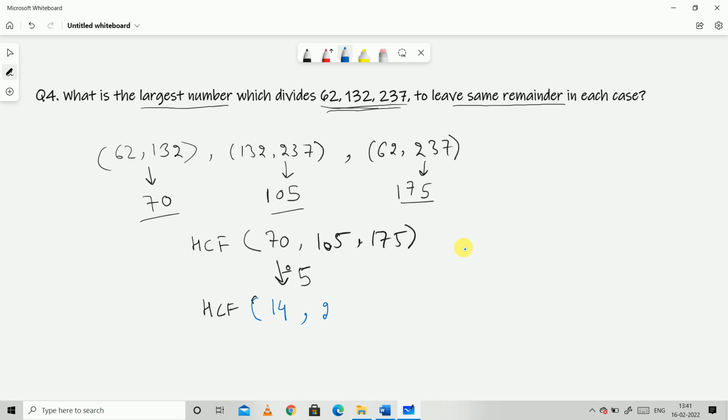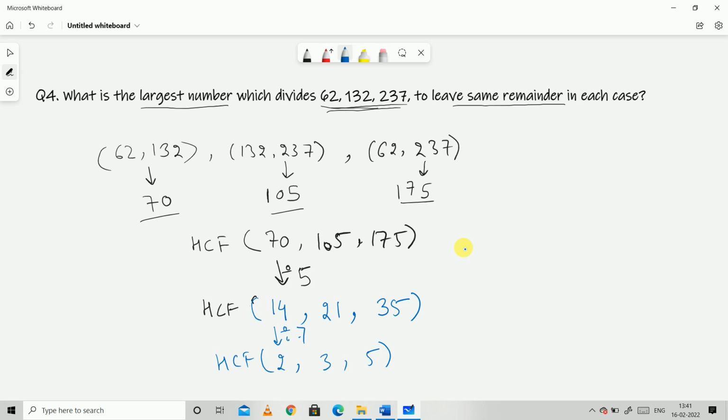Then 5 twos are 10, 5 ones are 5, 5 threes are 15, and 5 fives are 25. Now, as you can see, 14, 21, 35 are all divisible by 7. So we will divide by 7 here. We get 2, 7 threes are 21, 7 fives are 35.